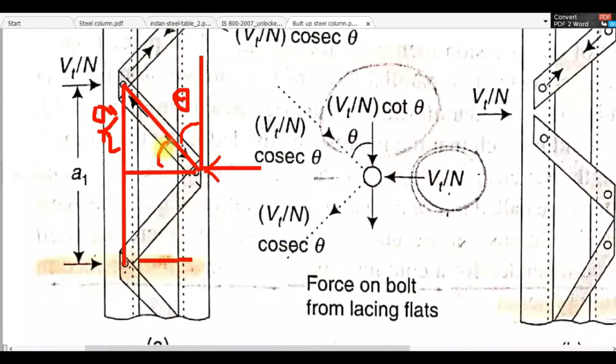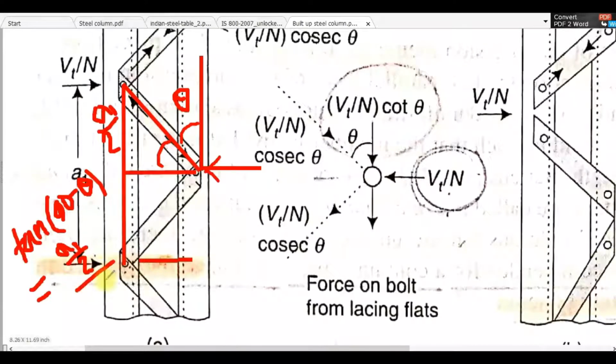So tan of 90 minus theta will be equal to height by base, so a1 by 2 divided by the total from this point to this point, that is s plus 2g.